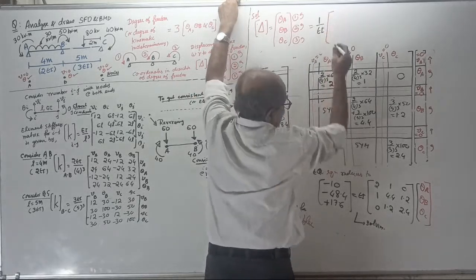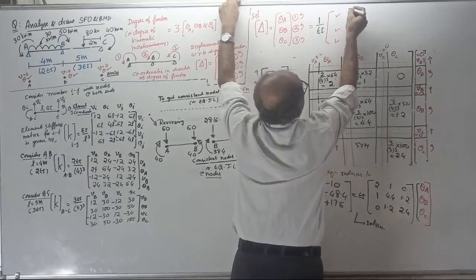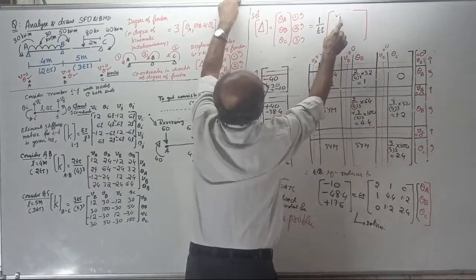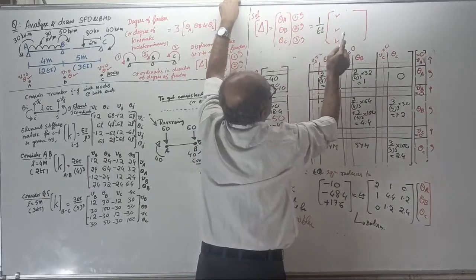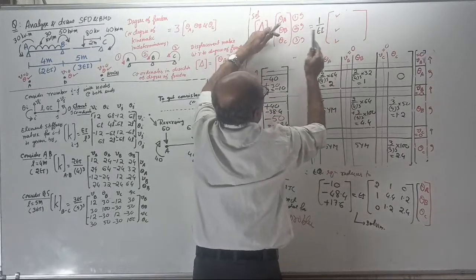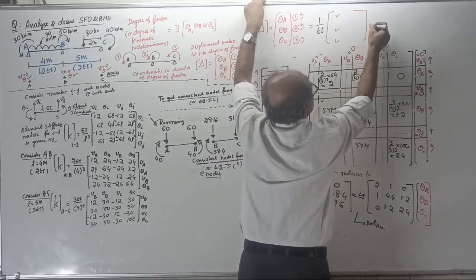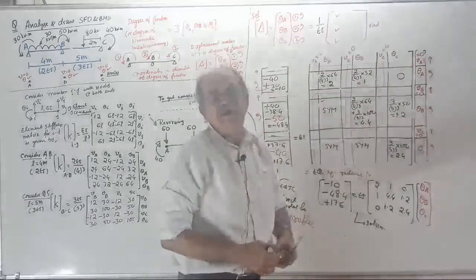You will get 3 numbers here: 1, 2, 3. This number is theta A, this number is theta B, this is theta C, each divided by EI, all in radians. Now, these three values are required.